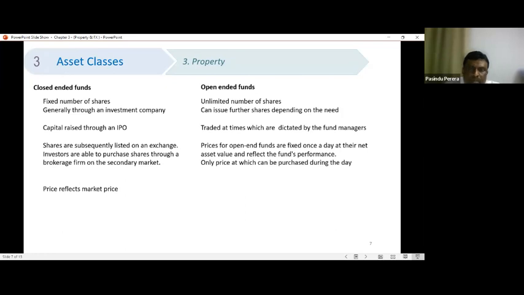So this is the open-ended funds. In property also, the same thing. You can issue shares, get new funding, and then go for another investment into properties, etc. That could be done.